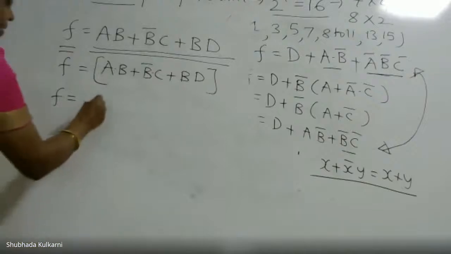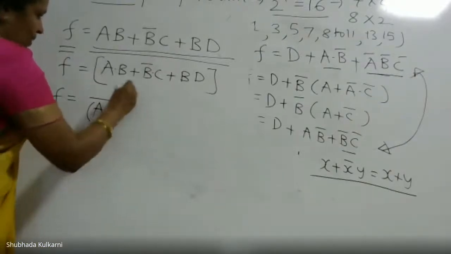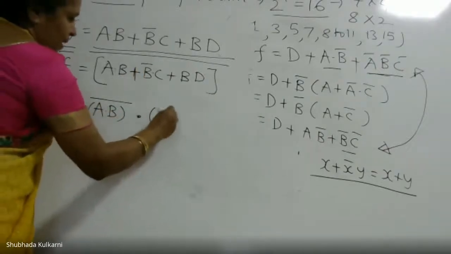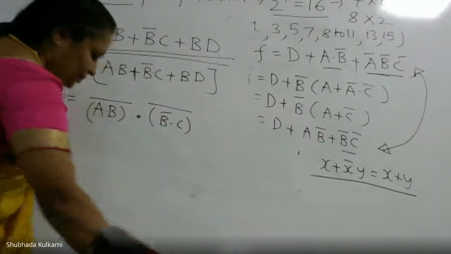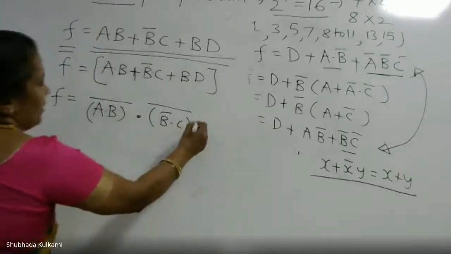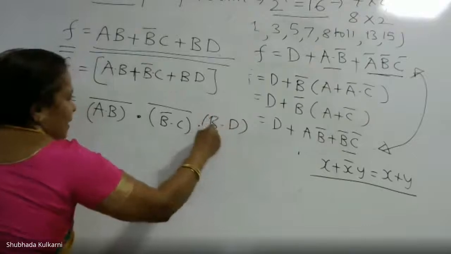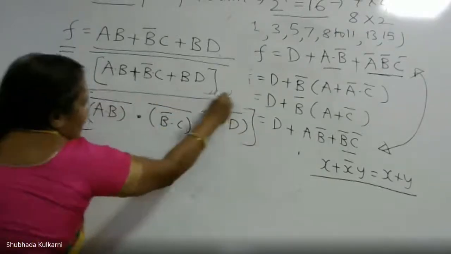And according to this, (AB)complement dot (B bar C bar)complement dot (BD)complement, and one more complement.